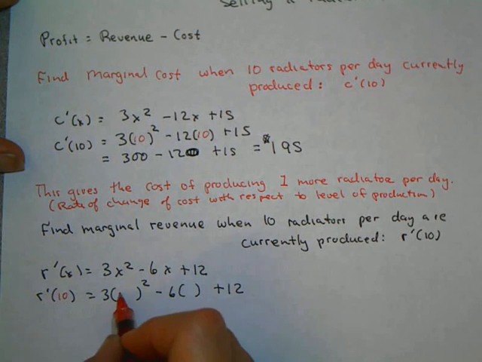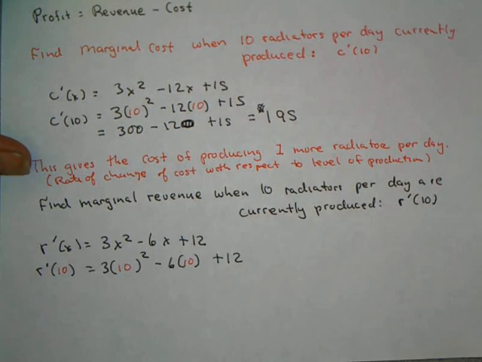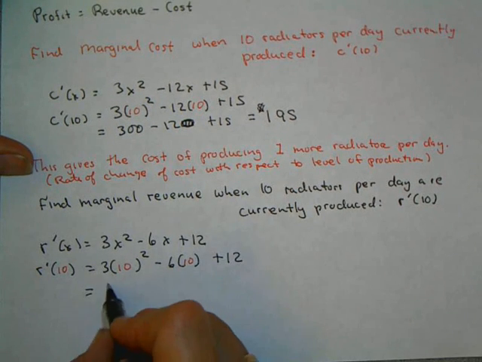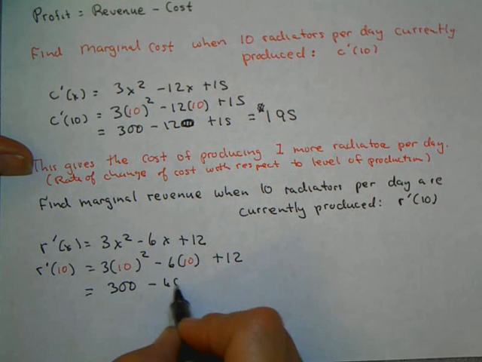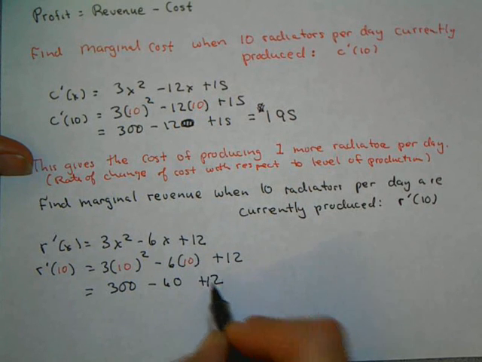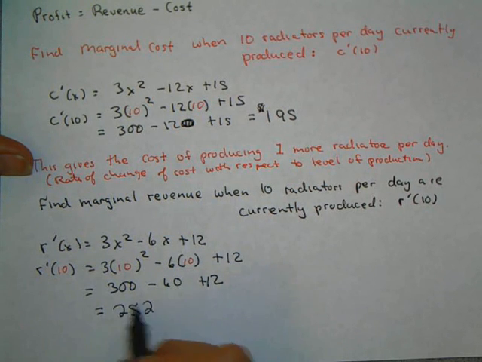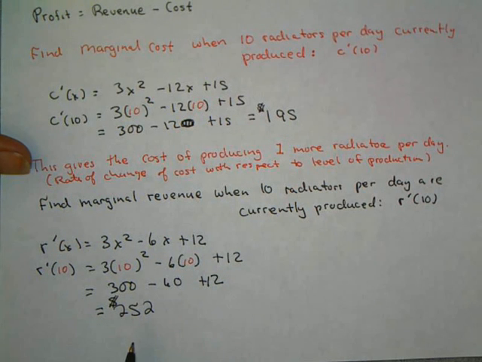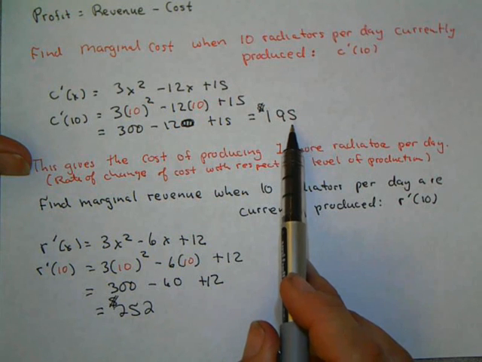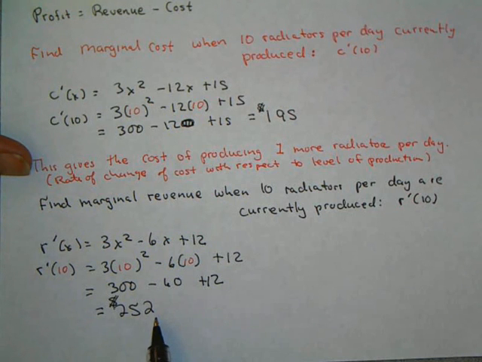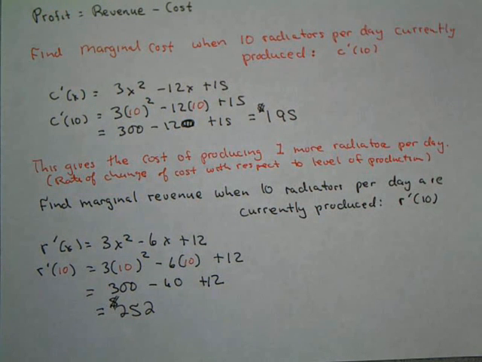Put in my 10. And that's going to be 300 minus 60 plus 12. So $252 more. So if I could produce that one more radiator, it would cost me $195, but I would bring in another $252. So that would definitely be worth my while.